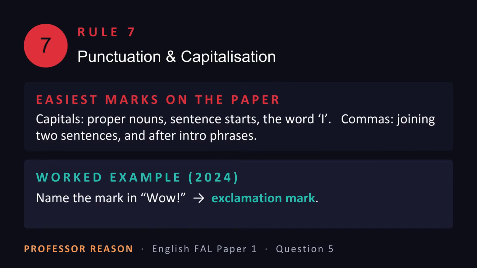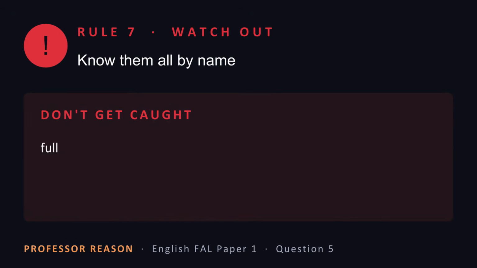Rule number 7, punctuation and capitalization. The easiest marks on the paper and the most commonly missed. Capitals for proper nouns, that are names, places, days, months, the start of every sentence, and the word I. Commas when you join 2 complete sentences, and after introductory phrases.